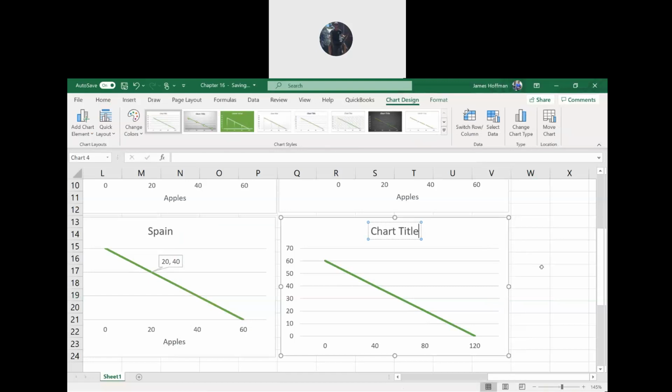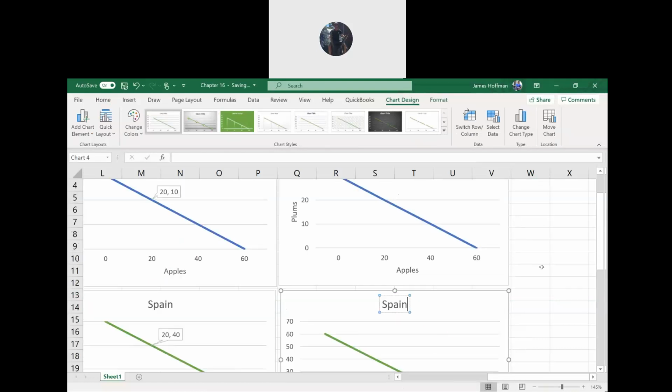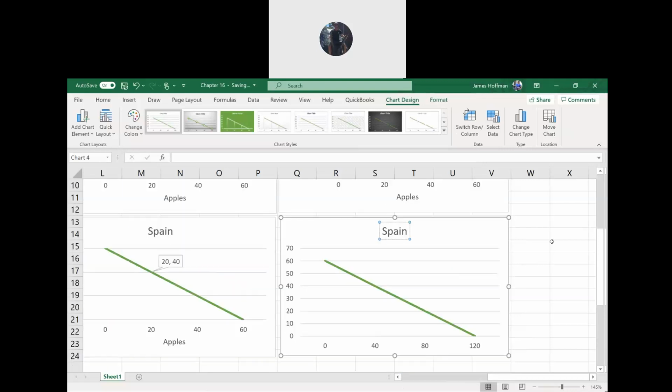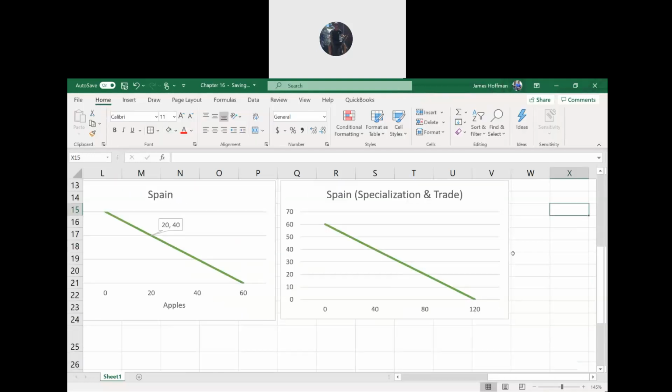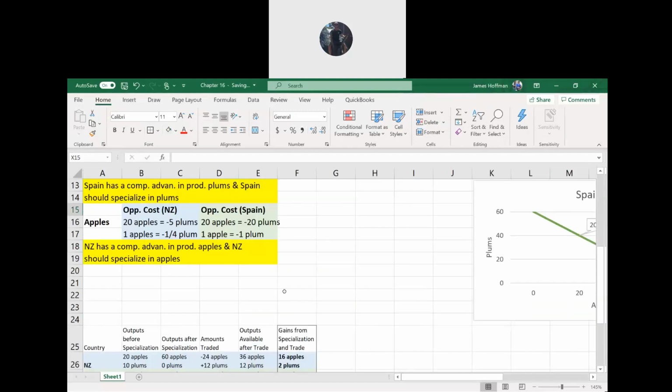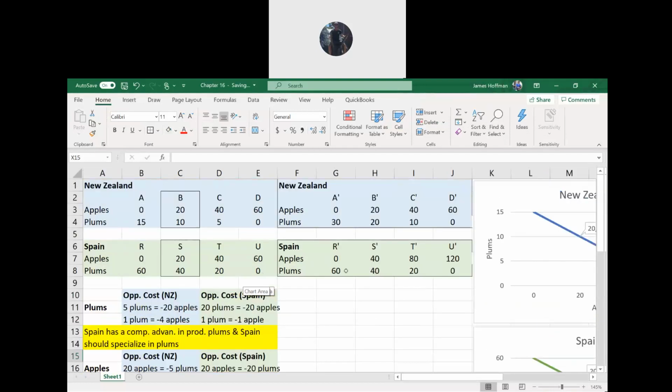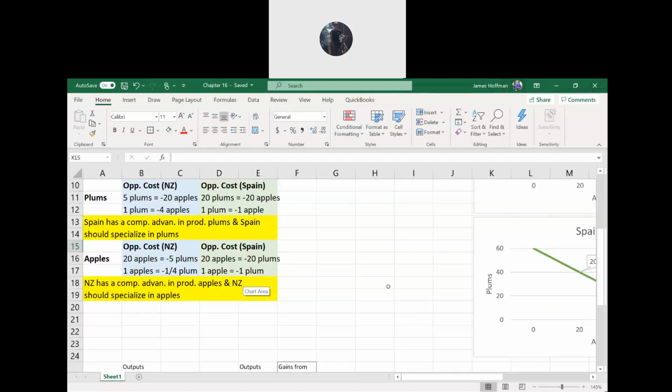Okay, so this is Spain with specialization in trade. All right, and we see the plums go from 0 to 60 in increments of 20. Okay, so that's good.